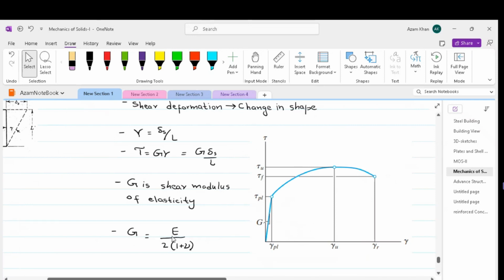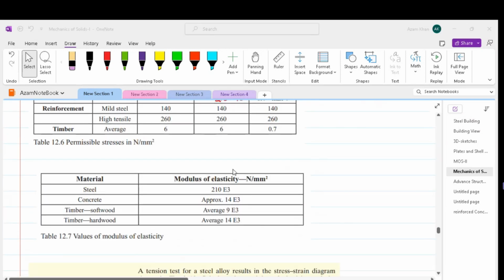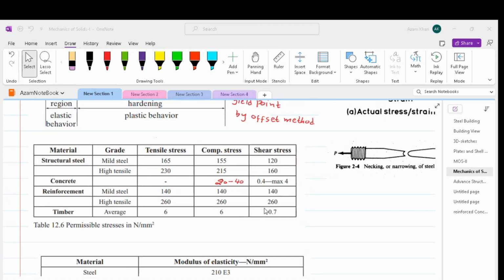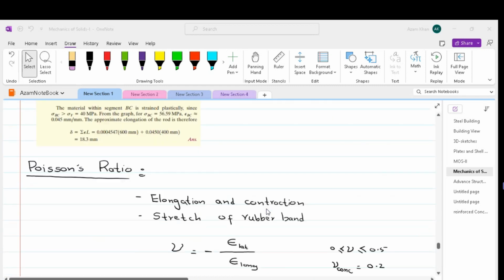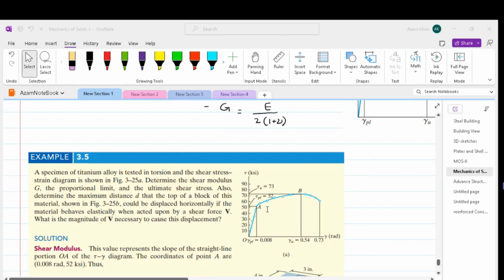G is also related to the modulus of elasticity as E by 2 times (1 plus mu). Different materials have different shear stresses. If we know the modulus of elasticity, we can get the modulus of rigidity. From there, we can find out the shear deformation. Let us discuss this problem to understand how the shear deformation works.